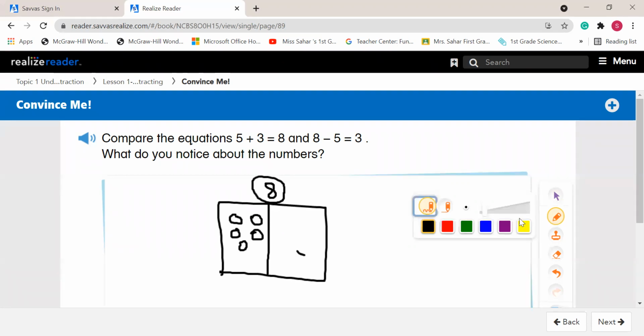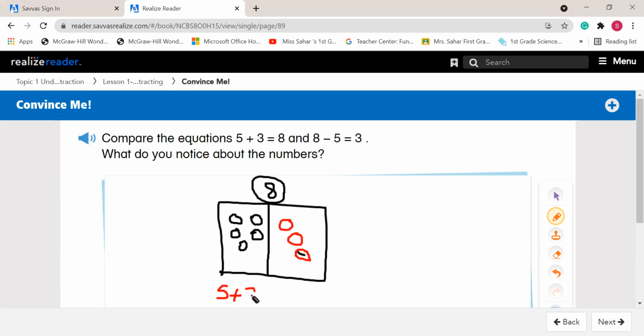The missing part will be a number that, if I add it to the part I know, I will have the whole. So if I have 5, 5 plus what gives me 8? I have 5, 6, 7, 8. So 5 plus 3 equals 8. So that would be my first part of the equation. 5 plus 3 equals 8.